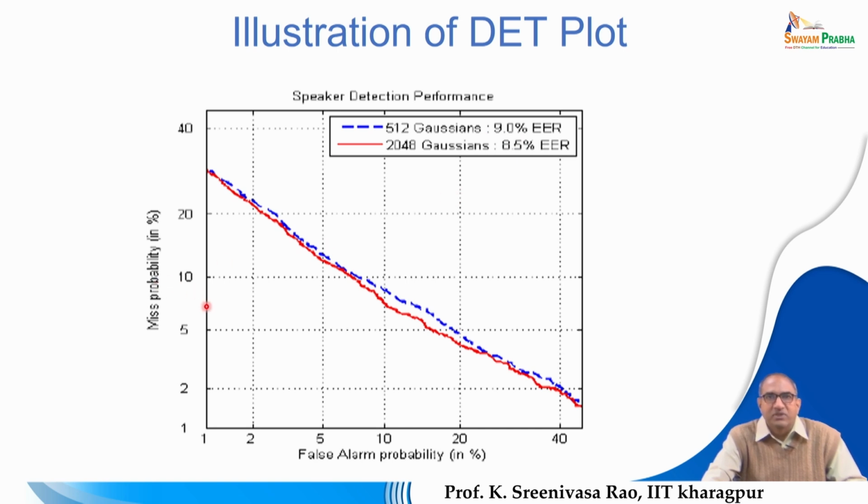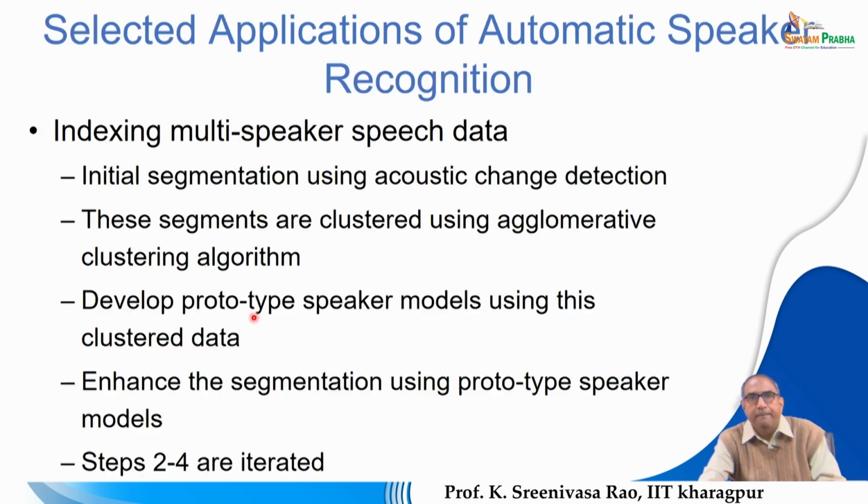This way you can evaluate the speaker recognition performance using the equal error rate by plotting the DET plot. This is a detection error threshold plot, because the threshold has to be varied, right, and the threshold is fixed in such a way that both the errors are equal.